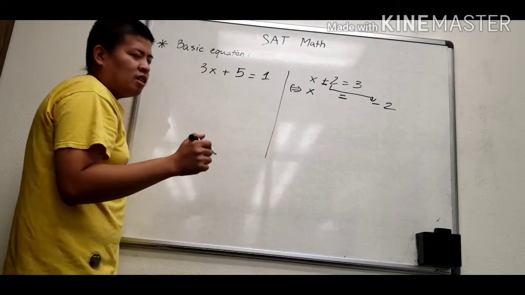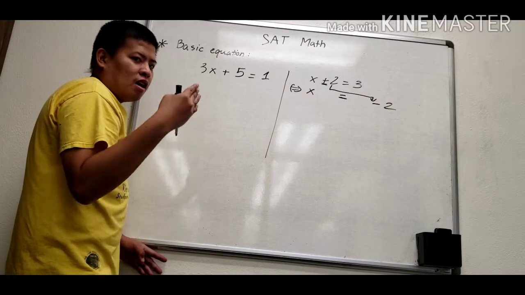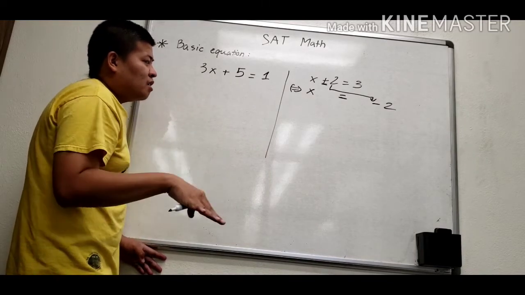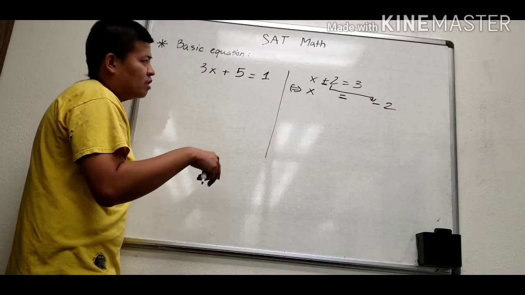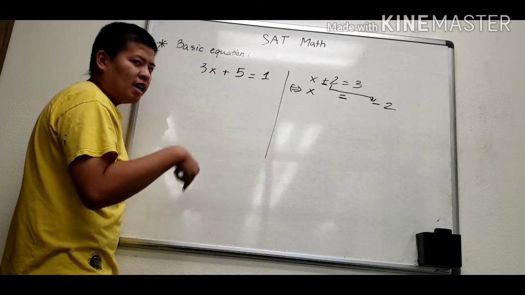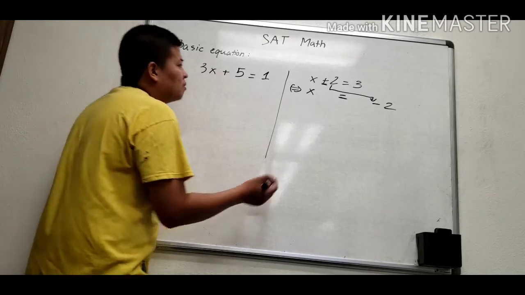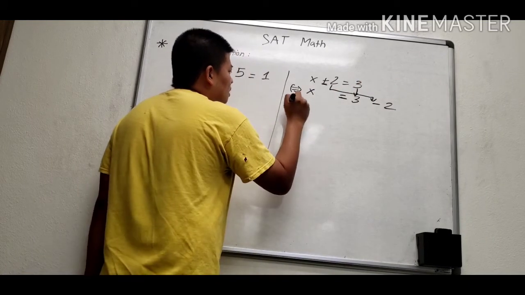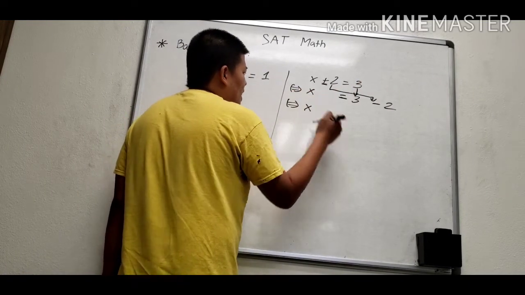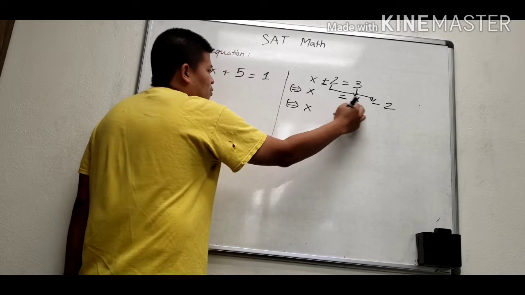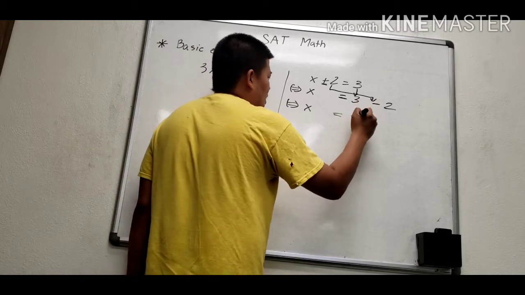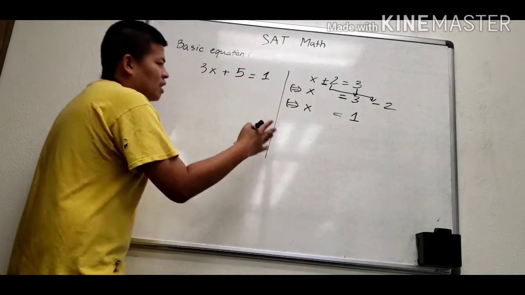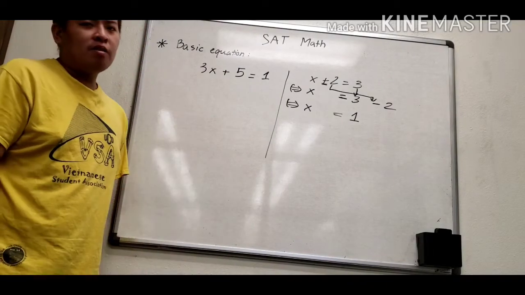So the first thing when you move the number, the sign will change, for example, positive to negative and negative to positive. And we put number 3 here. We have s, and we have 3 minus 2, which is 1. So this is the first equation.